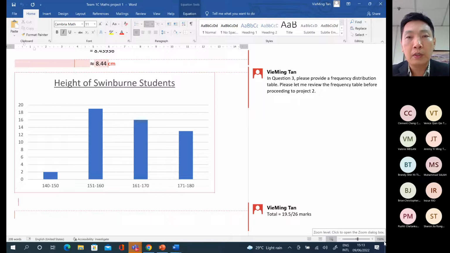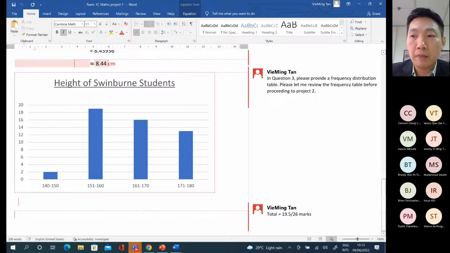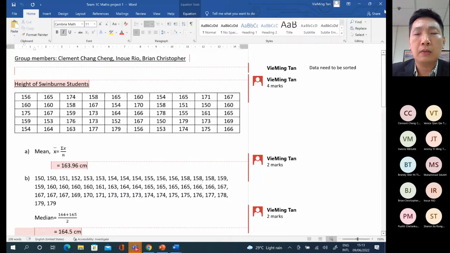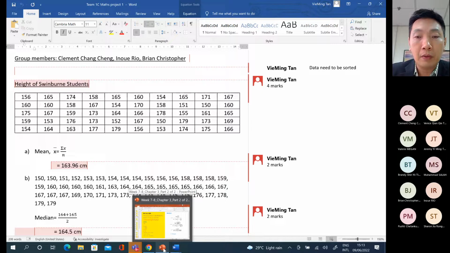We need to look at your frequency distribution table in order to start with your project 2. Who are the team members? Clement, Brian, and also Ino. Try to build the frequency distribution table and email me.